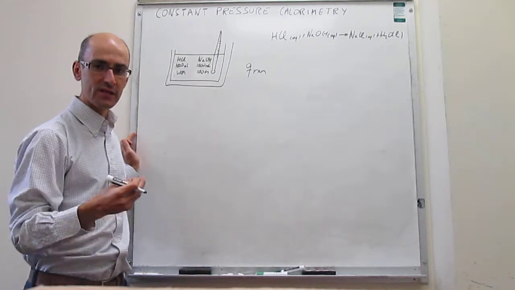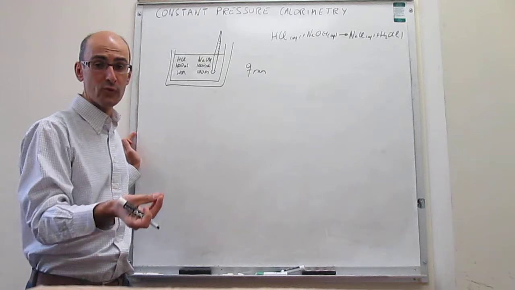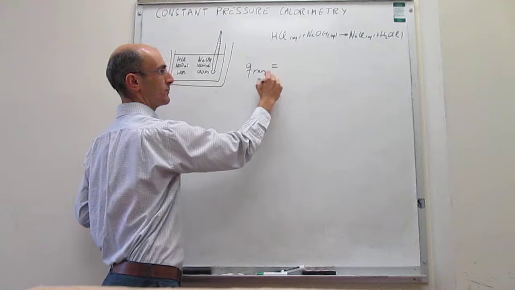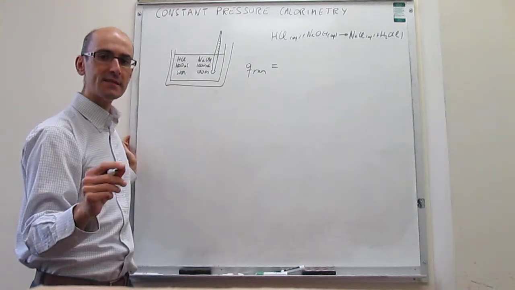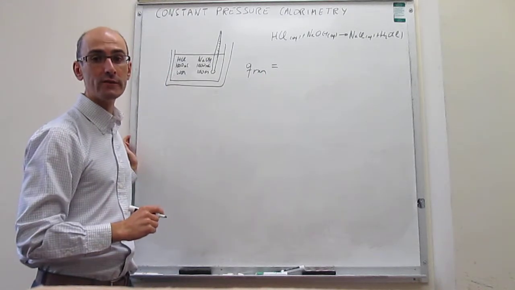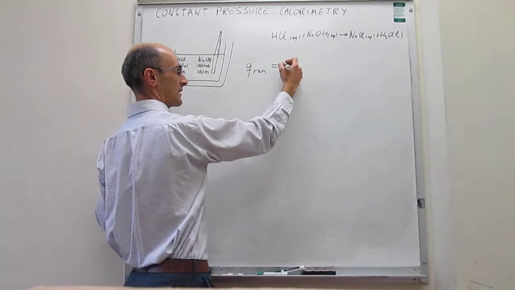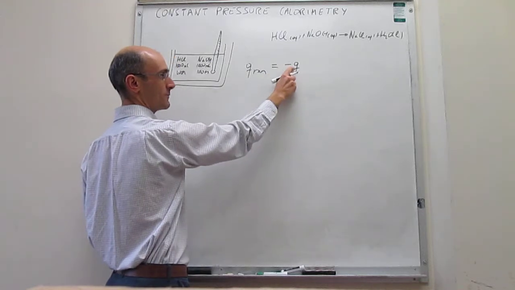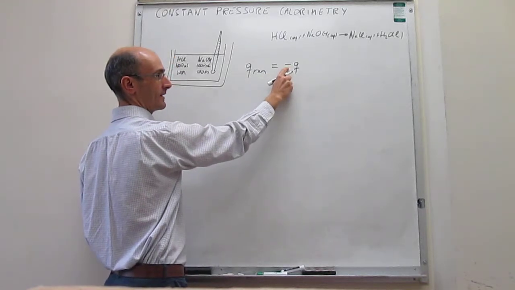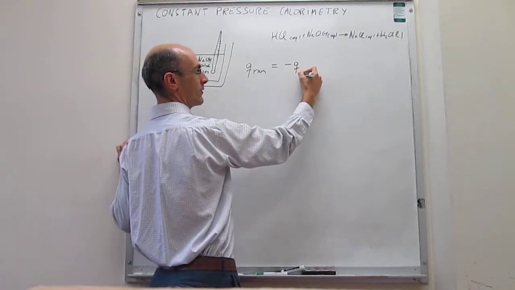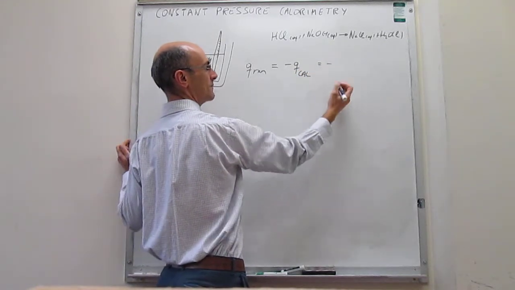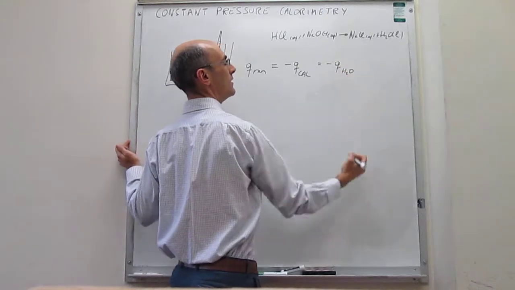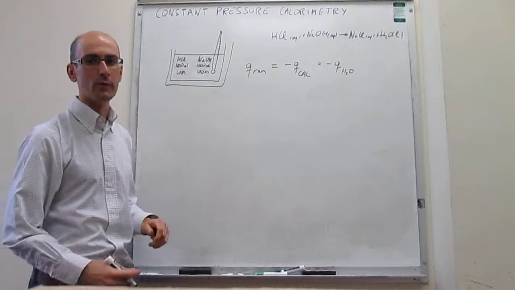But because the energy has nowhere to go other than to the surrounding water, every single joule of energy produced by the reaction must be absorbed by the water. This is the same as saying that all of the energy released by the reaction is absorbed, which is why there is a negative sign, by the calorimeter, which in this case is simply the water that you have. That will be the heat absorbed by the water.